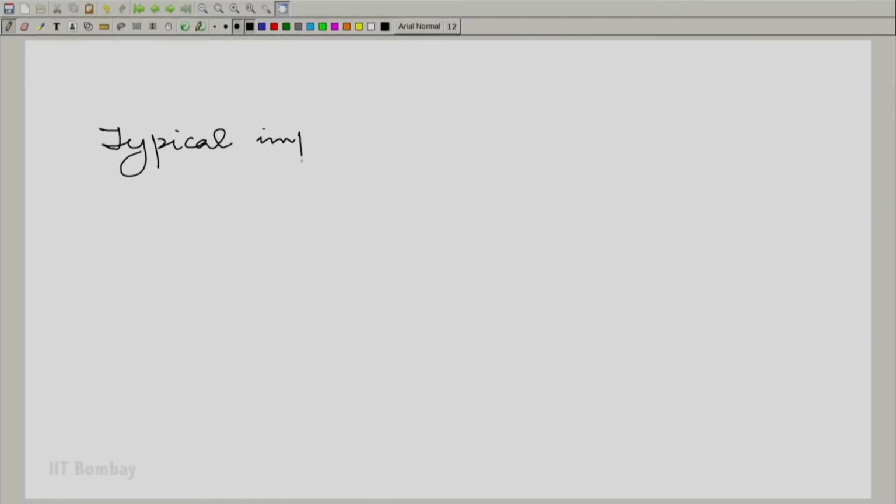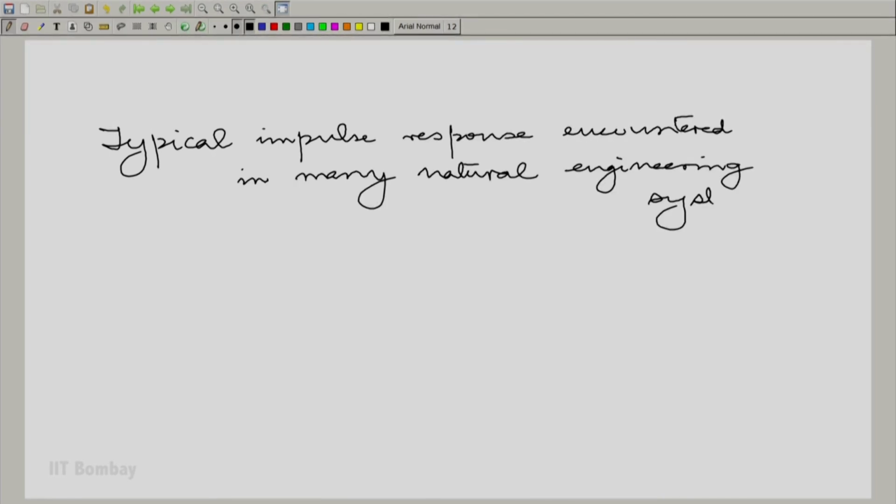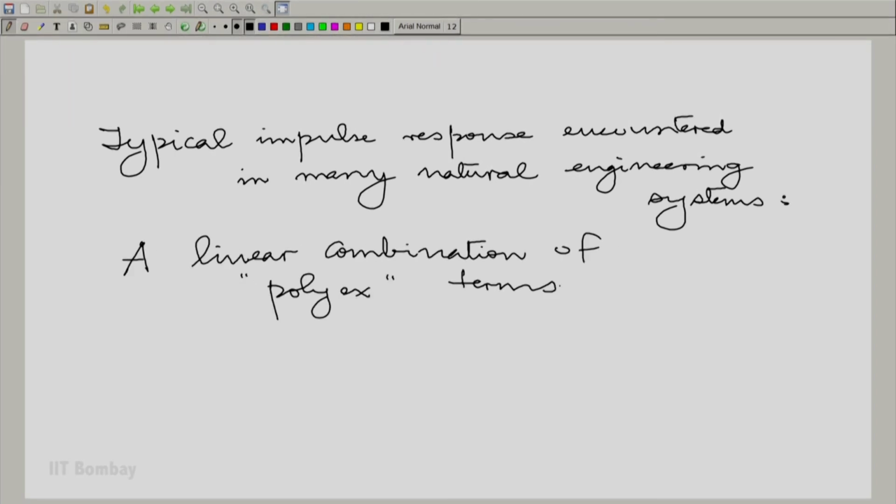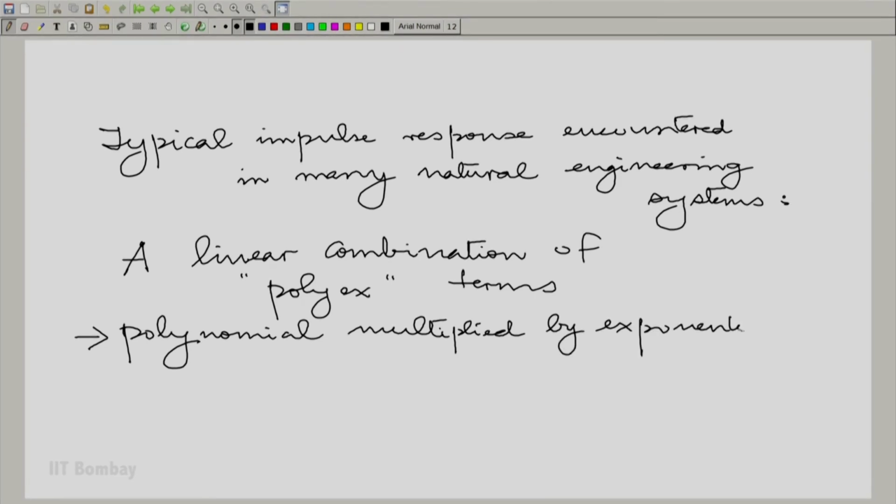Let us make a note of that. So, the typical impulse response encountered, essentially it is a linear combination of what are called poly-X terms. What are poly-X terms? Poly-X stands for polynomial multiplied by exponential.